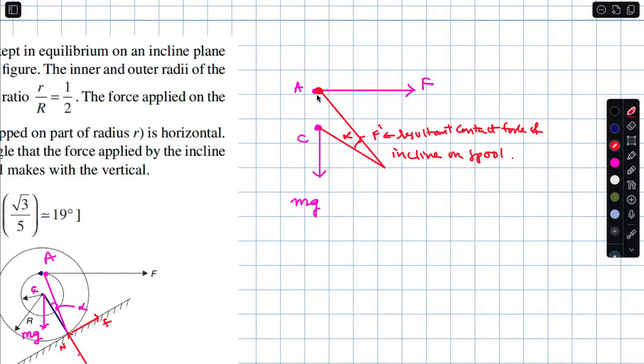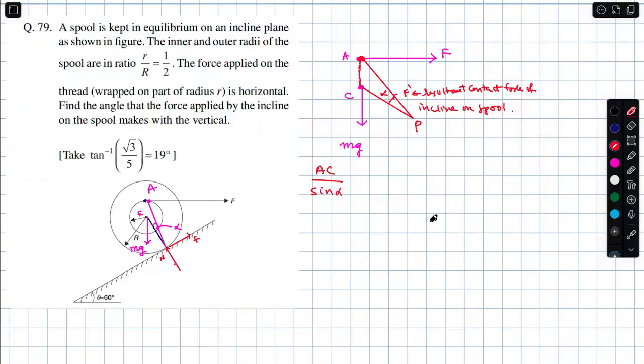Now I can see a triangle here. AC by sin alpha, triangle I am applying. AC by sin alpha is equal to PC by sin of the angle.